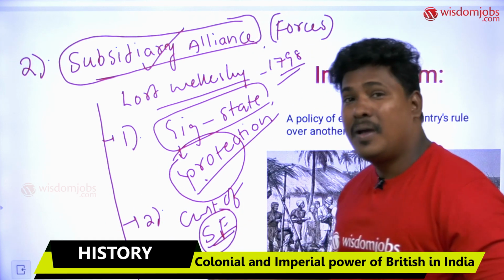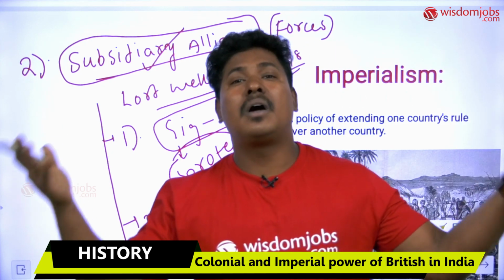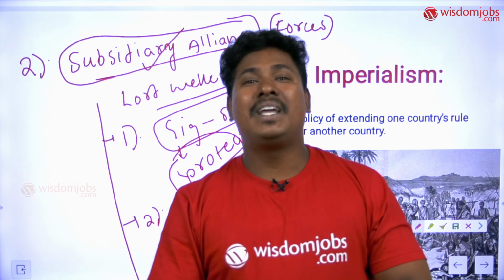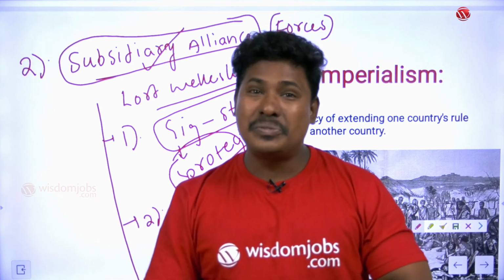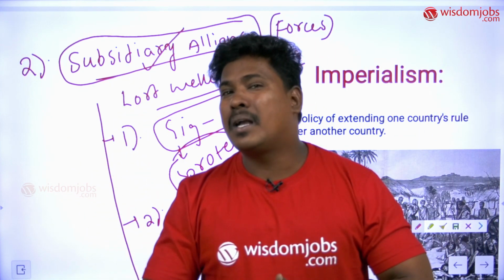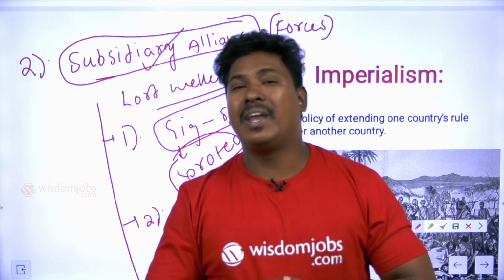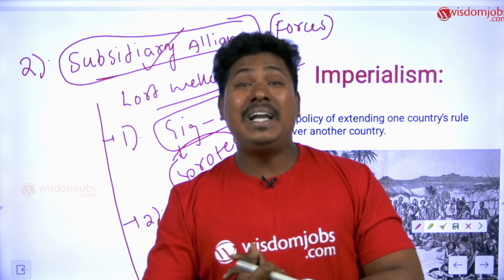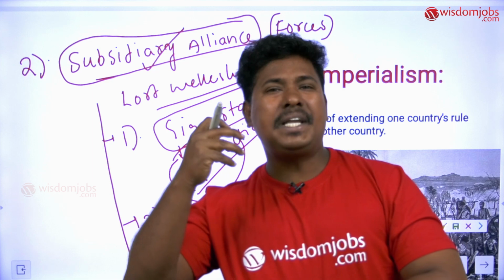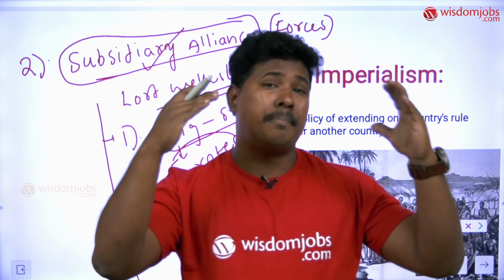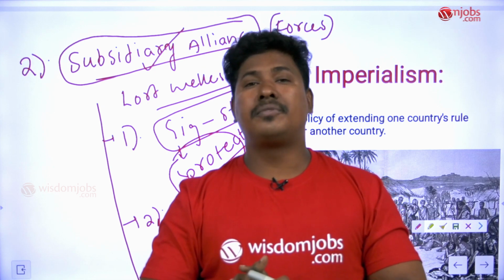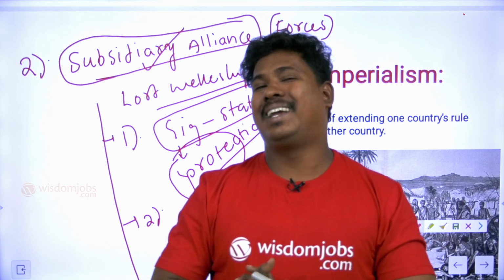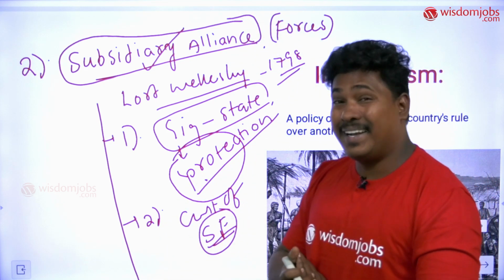See, this is how the British escaped from the burden of their own army, putting it on the shoulders of the signatory state. This is how the British became the economic power of India, superpower of India, and this was the strategy of the British. See how intelligent a step, how the British cleverly managed to escape the burden of the cost of maintenance of their own military in India, putting it on the shoulders of the signatory state.